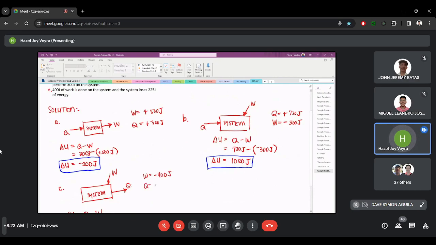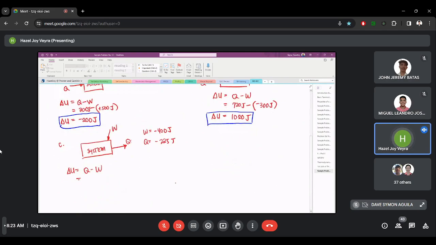Q natin is negative din kasi that was the energy lost dun sa system natin. So, Q minus W, we have negative 225 joules minus negative 400 joules.